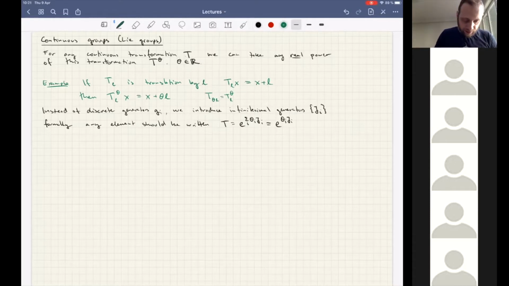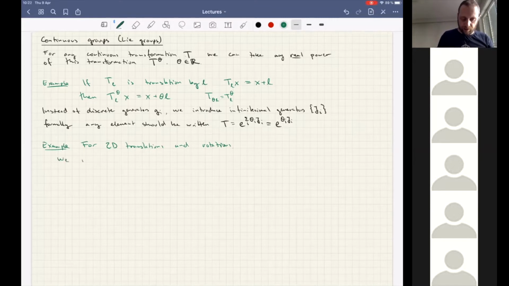So to look again at an example, we can look at the group of translations and rotations in 2 dimensions. For 2D translations and rotations, we need 3 generators because we can rotate in one plane, and we can translate in 2 directions. We can translate in the x direction, and we can translate in the y direction.